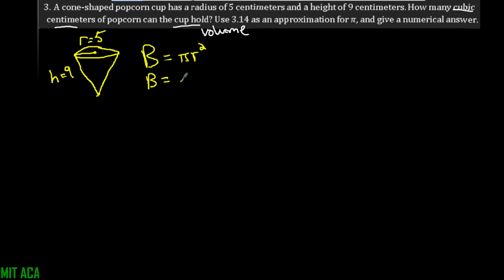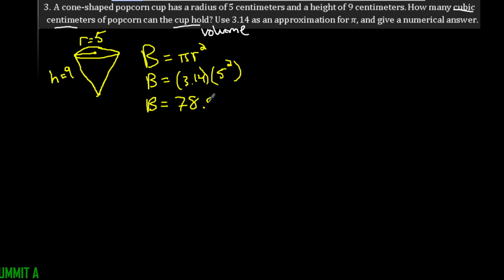Actually, instead of pi, we're going to use 3.14. Got to be careful there. 3.14 times 5 squared, which is 25 times 3.14, which is 78.5 centimeters squared.